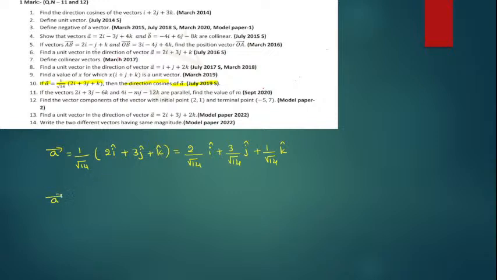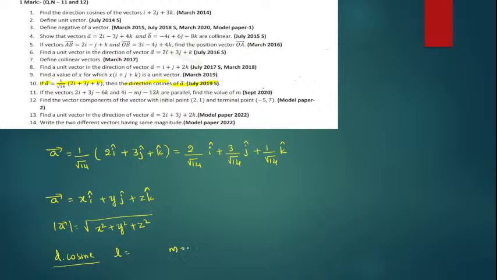See, if vector A is in the form of x i cap plus y times of j cap plus z times of k cap, then its magnitude of A is given by square root of x square plus y square plus z square, and its direction cosines are simply denoted by l, m and n. l is simply x divided by the given vector's magnitude.